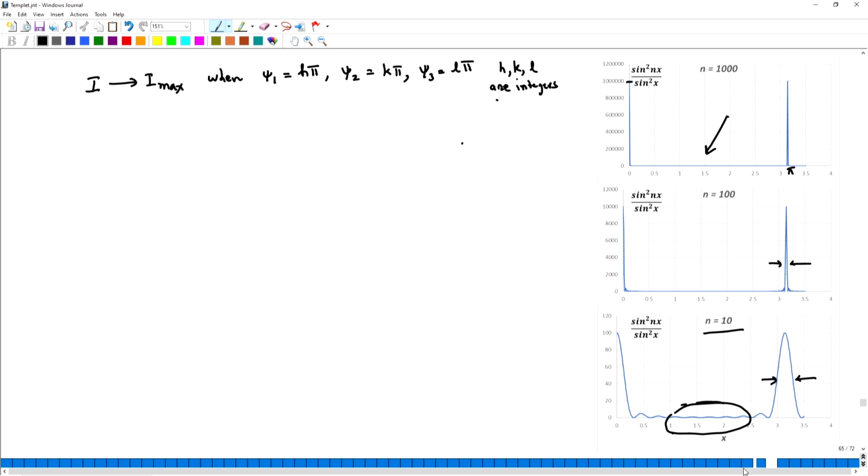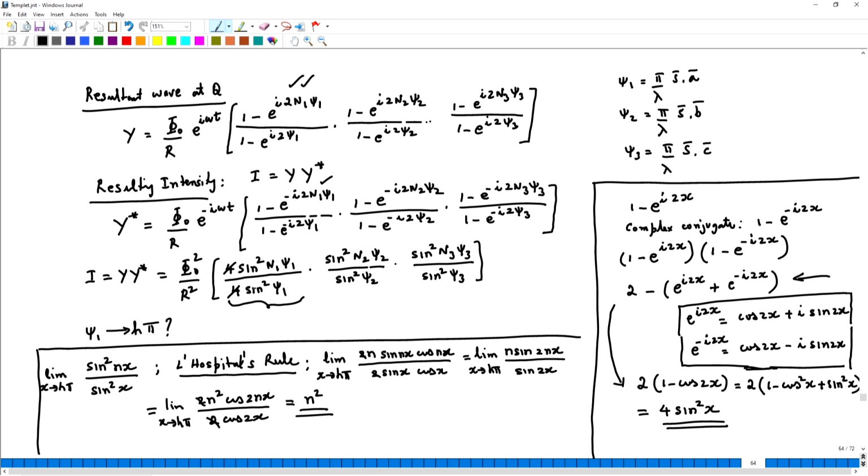So, if I just go back to this, the maximum of this function will correspond to n1 square, maximum for this function will correspond to n2 square, maximum for this function will correspond to n3 square.